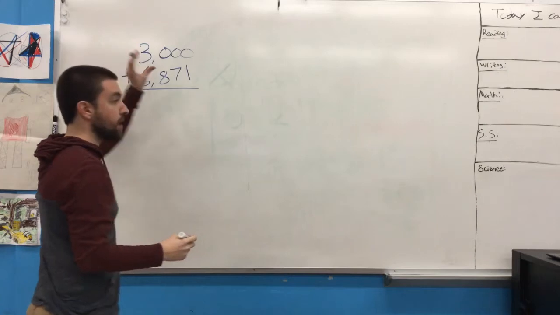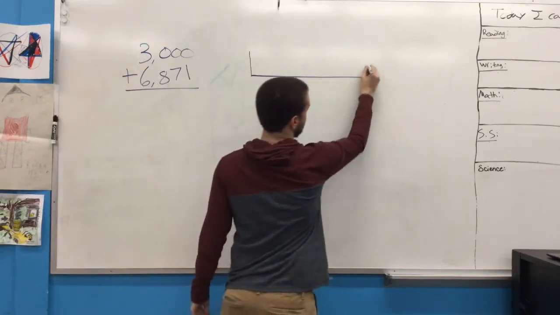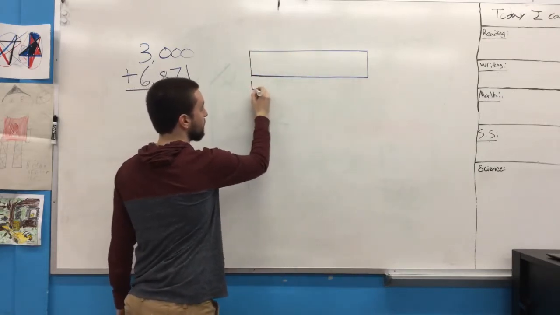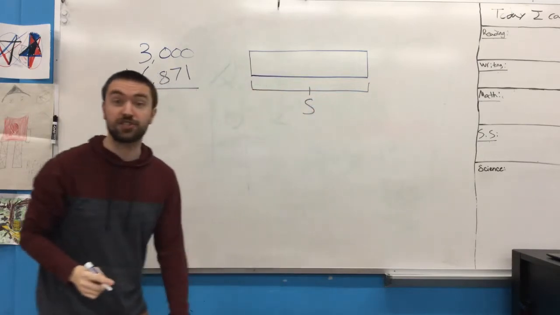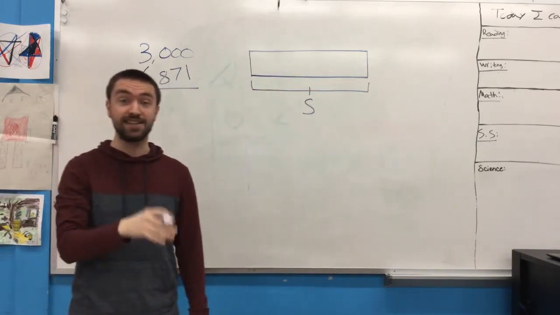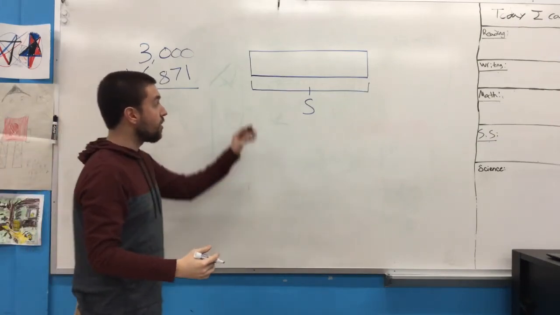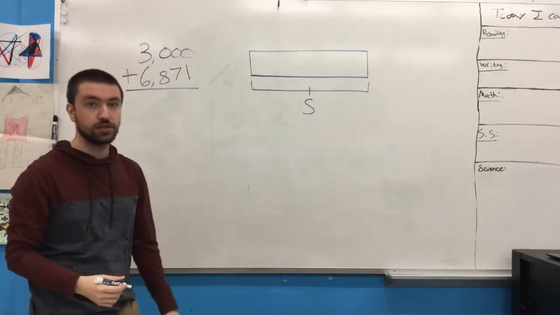Now I know that I need to combine these two things together. So when I make my tape diagram, which is just a nice long piece of tape, a rectangle, I know that my total thing, I'm using S for sum because sum is the answer to an addition question. I know that this whole thing is going to be what happens when I combine these two pieces together.